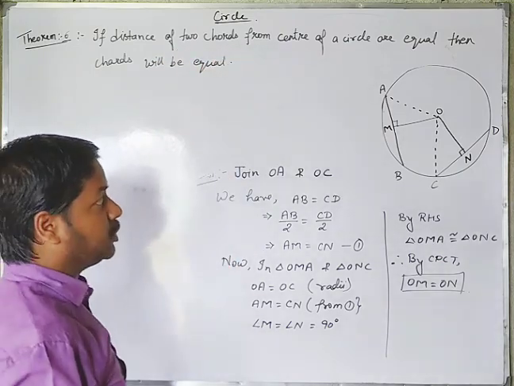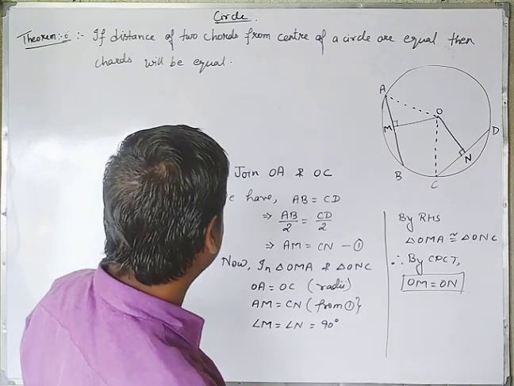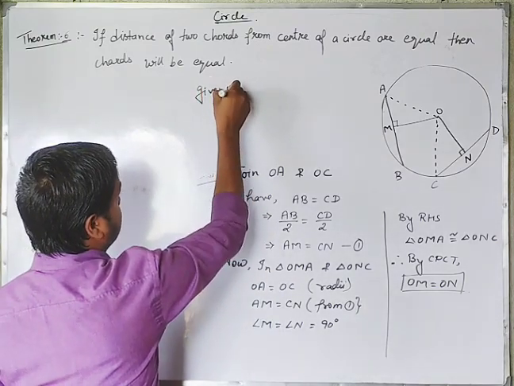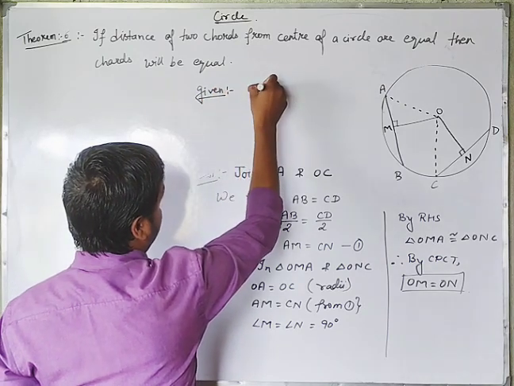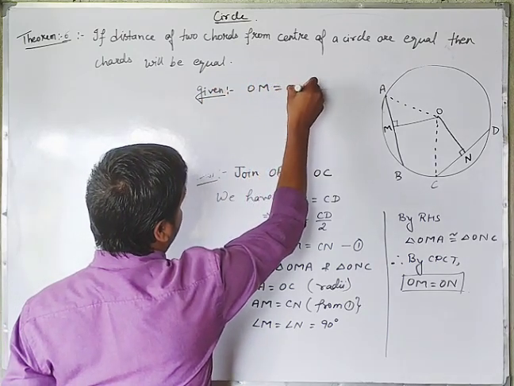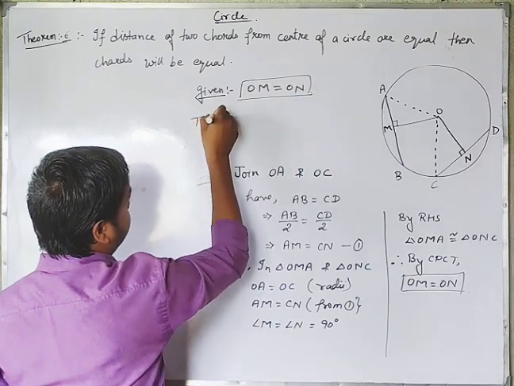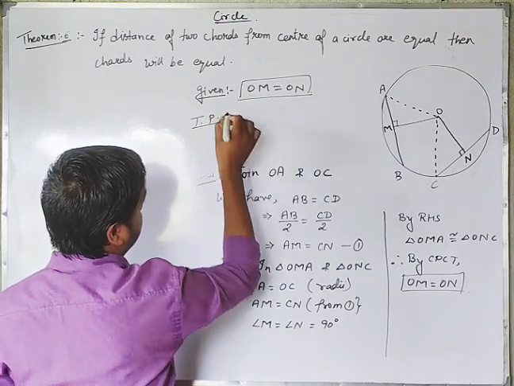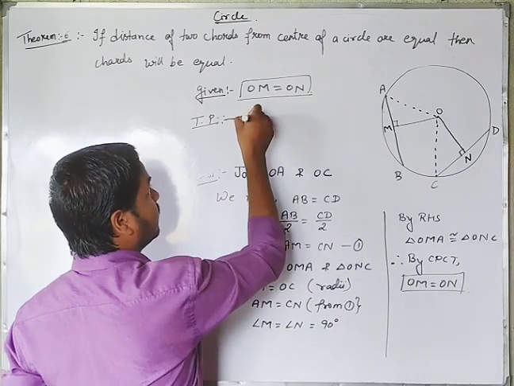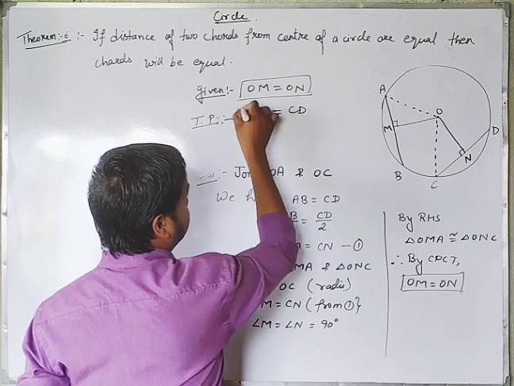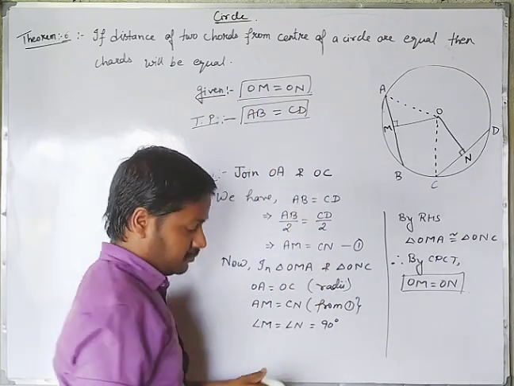It is just the opposite of that one. It means what is given here, the given part, is OM equal to ON for the same figure, and what we need to prove is that AB is equal to CD. This one we need to prove here.